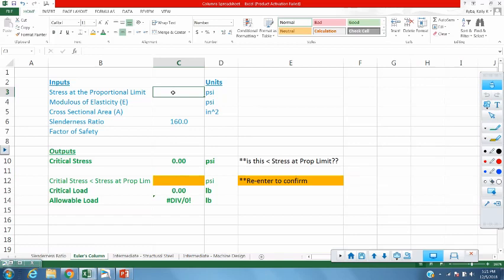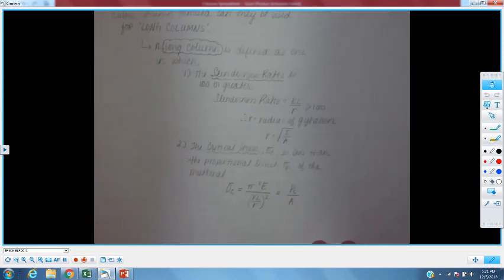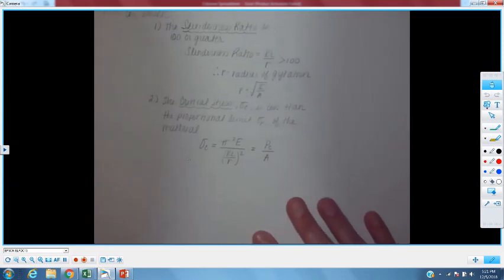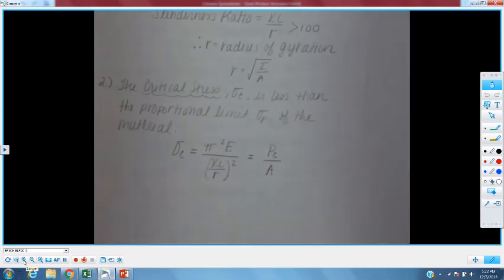So our inputs here for our critical stress are going to come from the equation for critical stress, which is in our handout, back in our handout again, on that second page just below the slenderness ratio. So my critical stress equation is going to have pi squared times the modulus of elasticity divided by the slenderness ratio squared, okay?